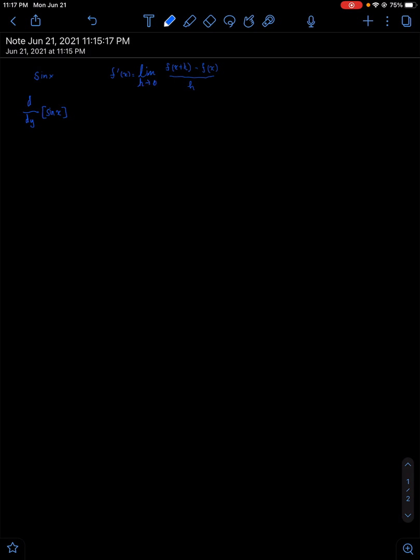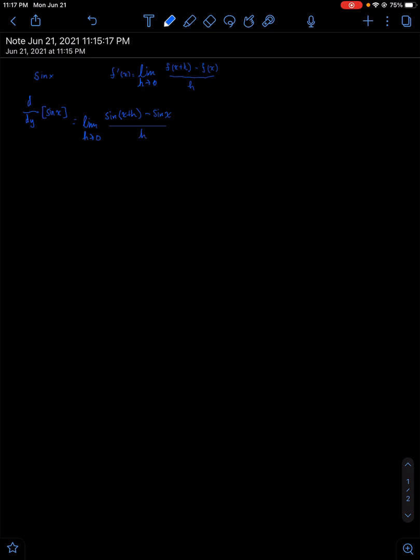I'm not going to go into too much detail about how that works here. So back to the derivative of sine of x. This is equal to the limit as h approaches 0 of sine of x plus h minus sine of x over h.